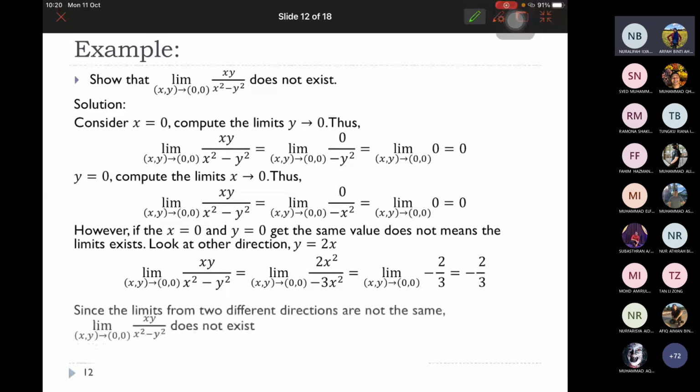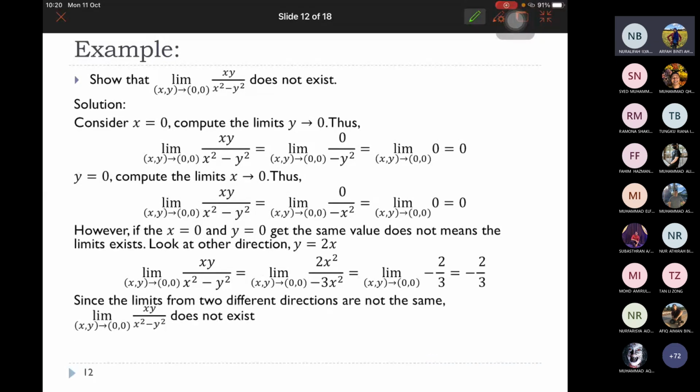So from two different directions, the values are not the same. So we can say that the limit does not exist for the particular function of xy divided by x squared minus y squared. So itu cara macam mana nak menentukan limit itu exist or not.